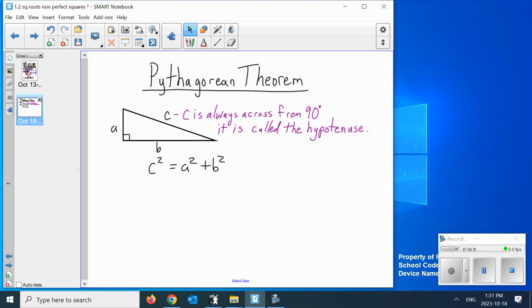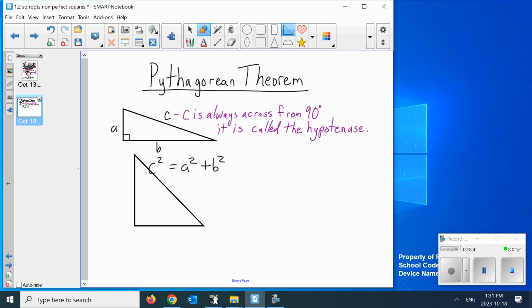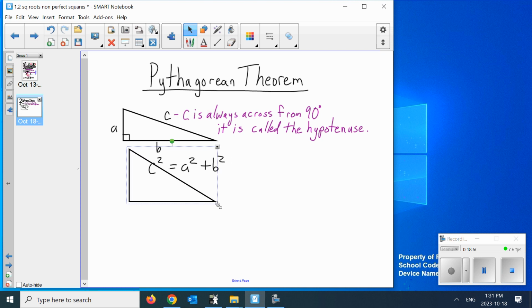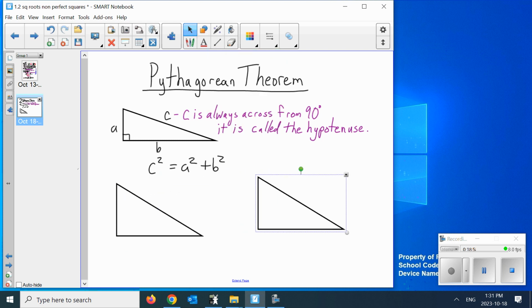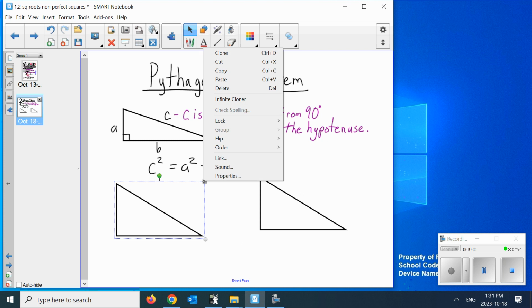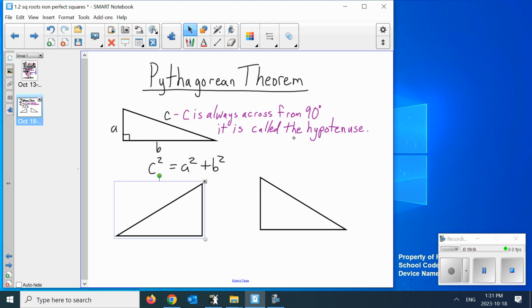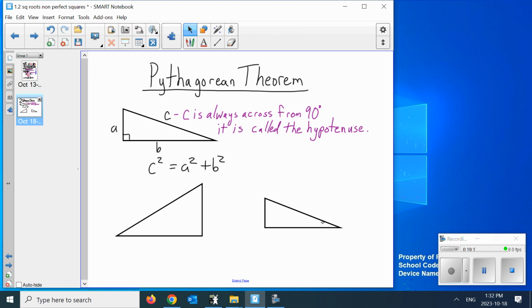I'll just draw them from scratch. I'll do the left green one first.